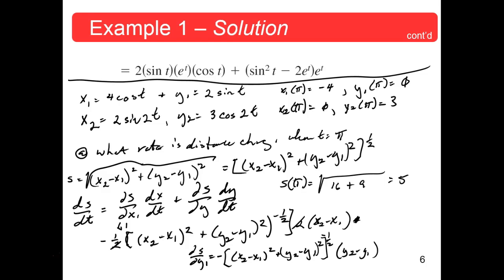And then when you're doing your dx1/dt, dy1/dt, dx2/dt, and dy2/dt, you have to do each one of those separately as well and plug them in at pi.